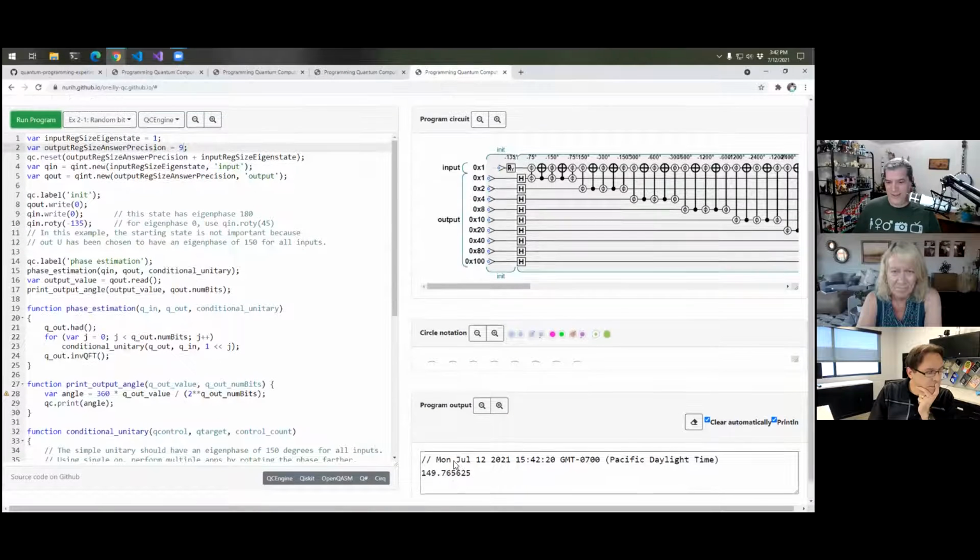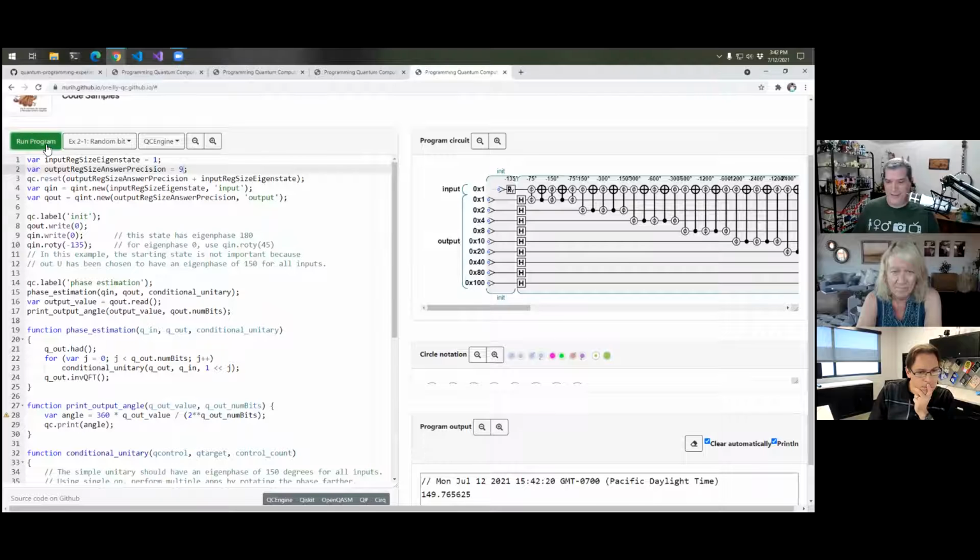And now this is showing 149.7 and 151.1. So it's, again, getting close to that 150. I don't actually know if there's a number that 150 will divide into for this or not. 36 or something.